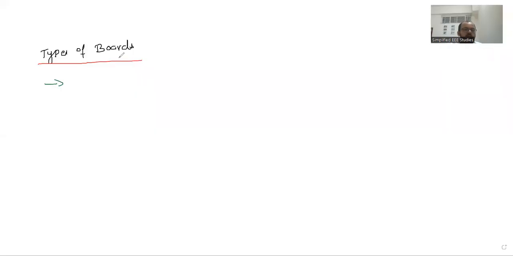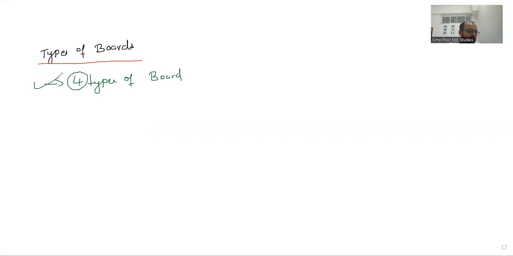Now you need to be familiar with the different types of boards. Actually, there are 4 types of boards. Note down: 4 types of boards. This number is important.